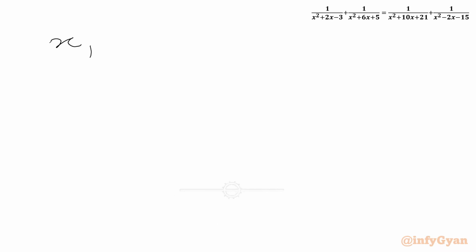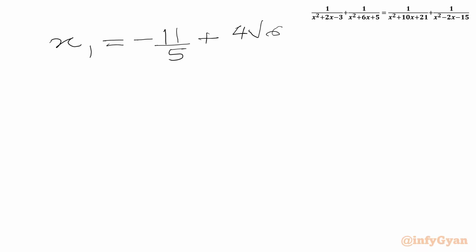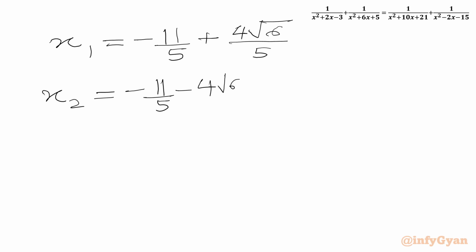We will write x1 equal to minus 11 over 5 plus 4 square root 6 over 5. And our second real solution would be x2 equal to minus 11 over 5 minus 4 square root 6 over 5. So these are our two real solutions.